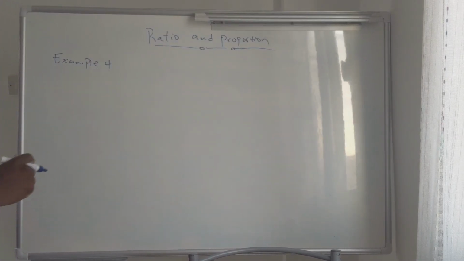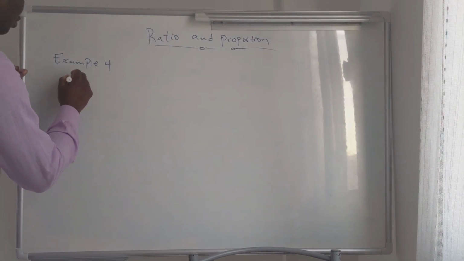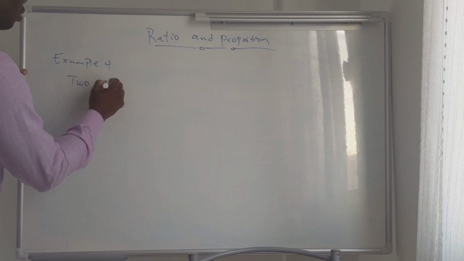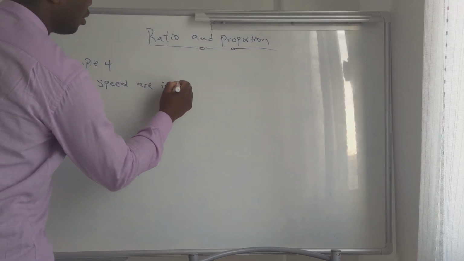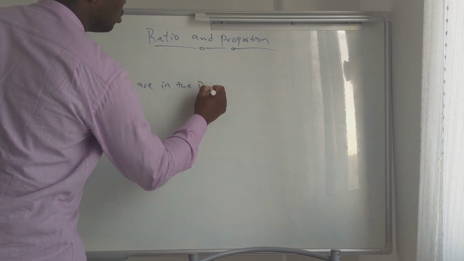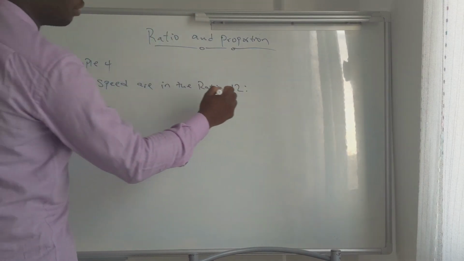Example 4. Two speeds are in the ratio 12 to 7.